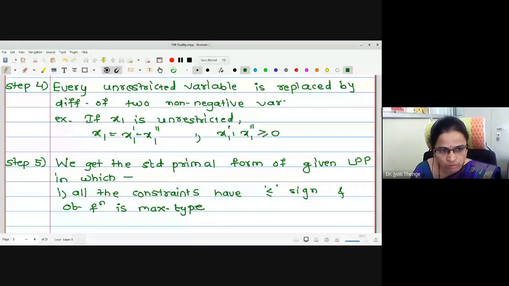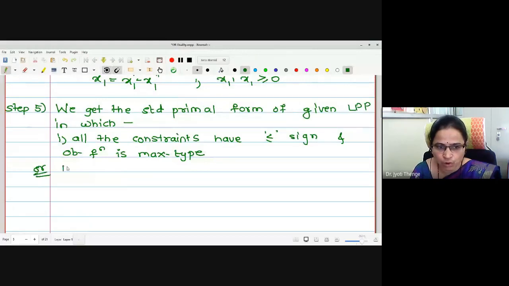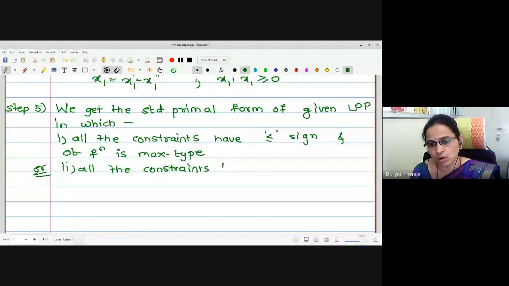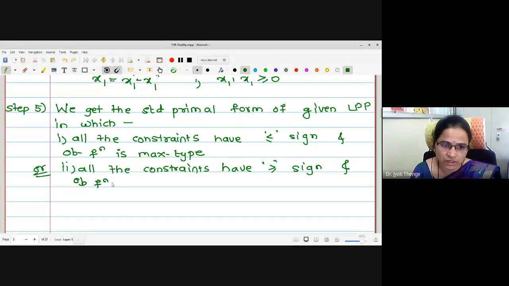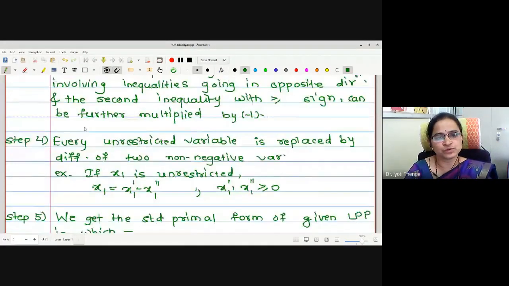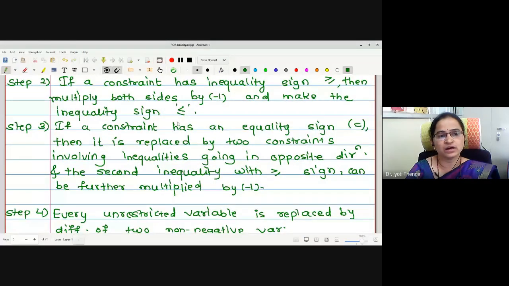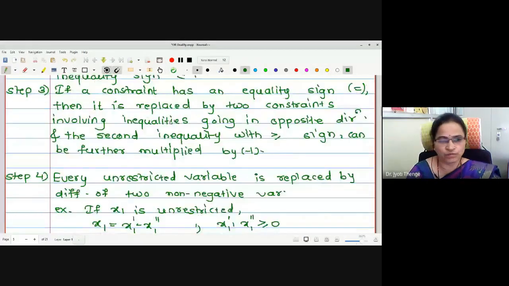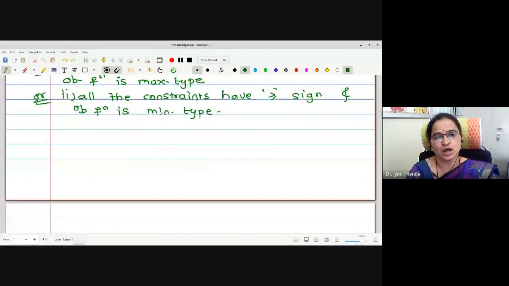Or second type is all the constraints have greater equal sign and objective function is minimization. Actually, we are not going to consider the second one. We will follow the first one. Generally we follow the first one because the rules also we have written in order to get the inequality constraints in less equal form and objective function as maximization.